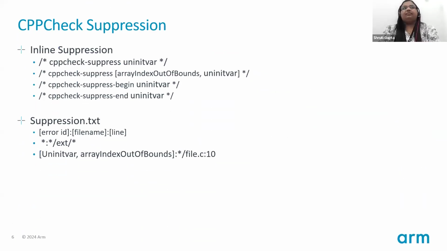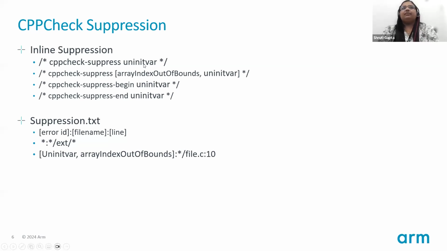A lot of times CPPcheck reports false positives, so we can add suppressions in the code. To add an inline suppression, this is the format, adding comments in the code.